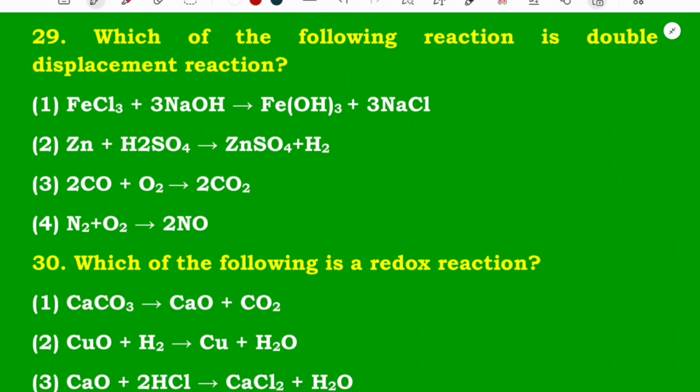Which of the following reactions is a double displacement reaction? We have to find it out. As I said clearly, double displacement means two aqueous reactants and two products. The first one is a double displacement reaction.